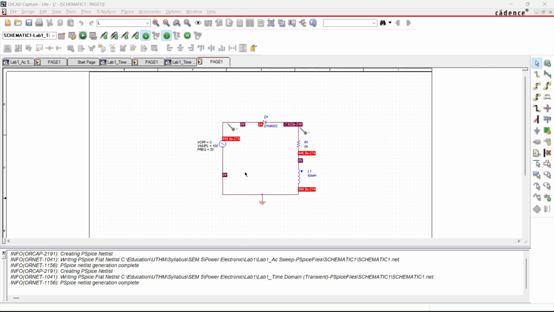The current will flow and go to the supply. So I will show you the graph with RL load.